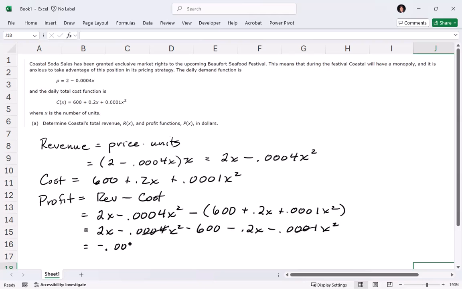Negative 0.0005 x squared plus 2 and negative 0.2 is 1.8 x and take away 600.